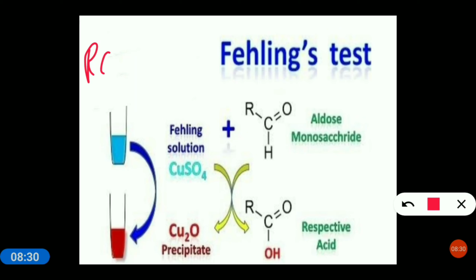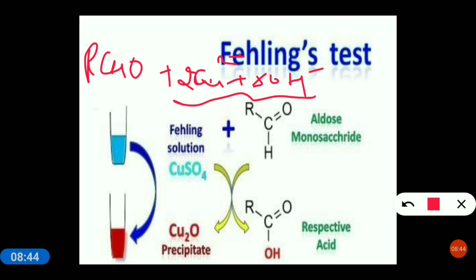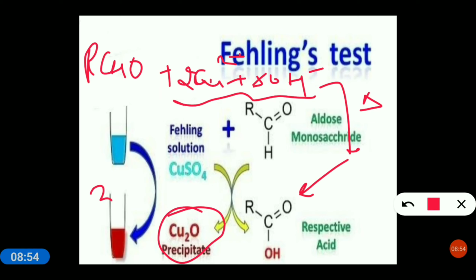So the reaction will be like this. When aldehyde RCHO and copper ion, because of Fehling solution, and hydroxyl ion are heated, it gives rise to carboxylic acid and Cu2O with the removal of water molecule.